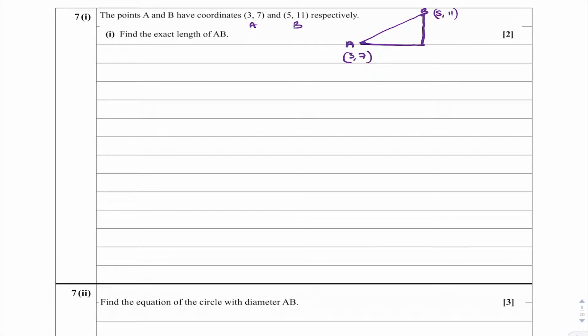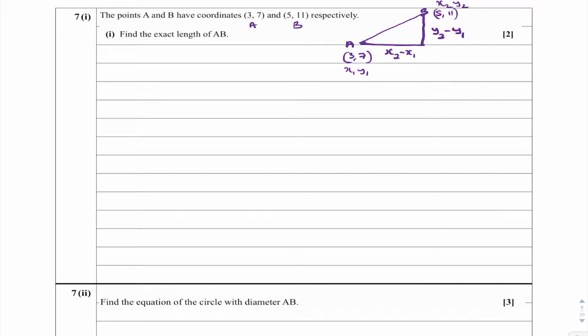So all I need to do is find this distance here, the height, and so basically I need to use Pythagoras theorem to find AB. The distance here is going to be y2 minus y1, and this here is going to be x2 minus x1. And the coordinates that you've got here are x2, y2, and this is x1, y1.